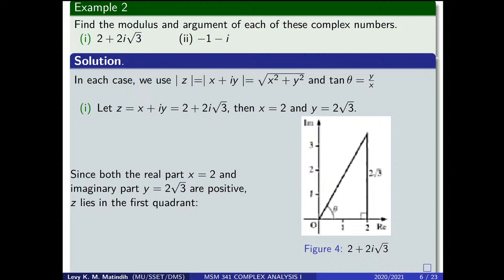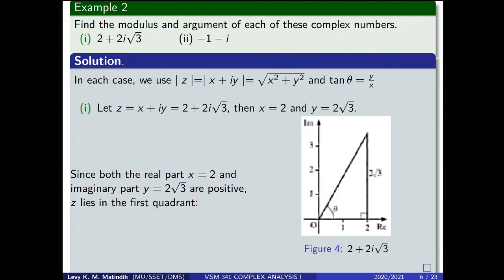But when you're finding the argument of this given complex number, the best thing you can do is first sketch it on the argument diagram. From there you are able to determine whether it lies in the first, second, third, or fourth quadrant.